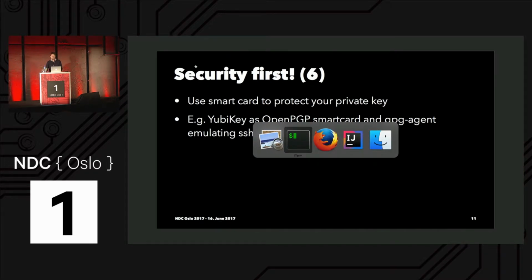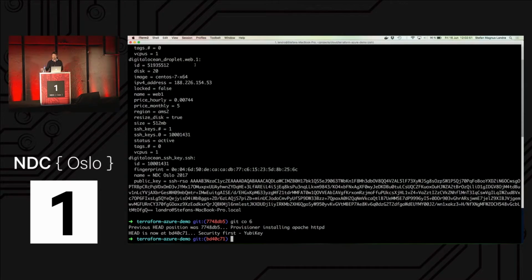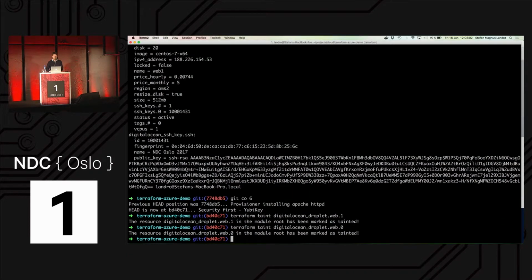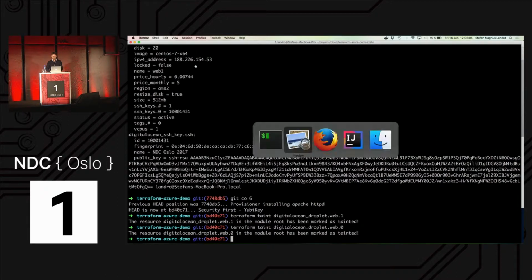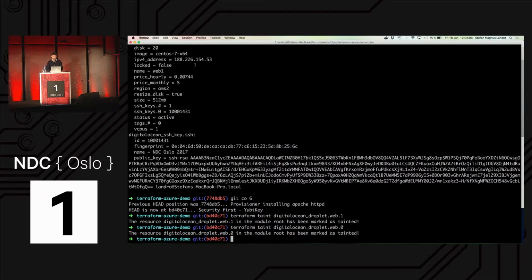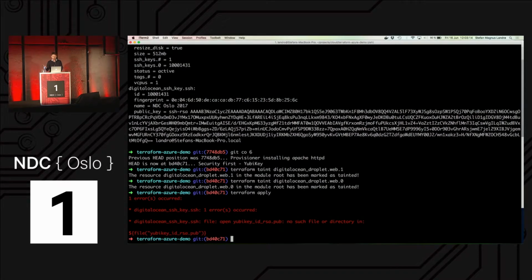Now I'll have to taint my resources again because this time I'm reprovisioning with my GPG key. So this and that, and the code looks a bit different this time. Yeah, I'll just kick off the apply. Okay, so my SSH key is kept in GPG.